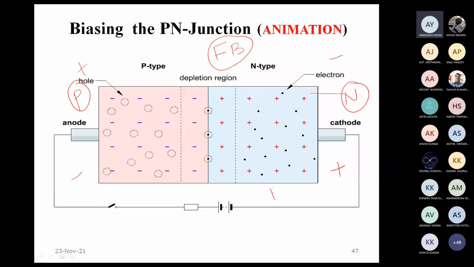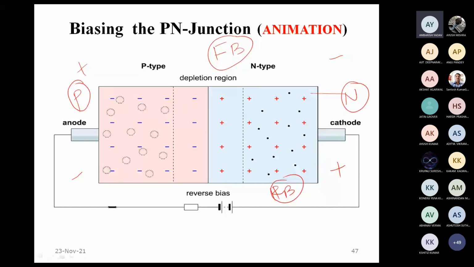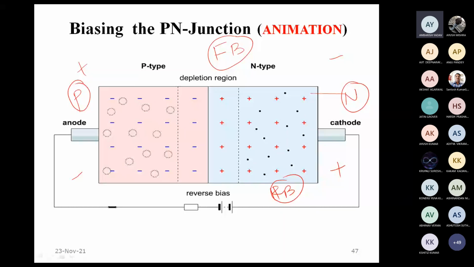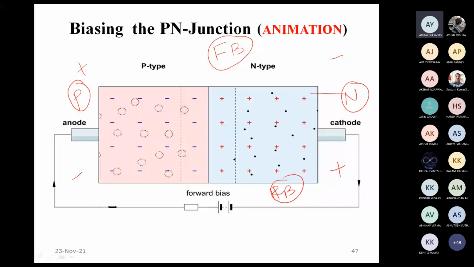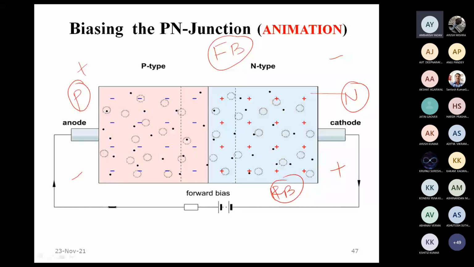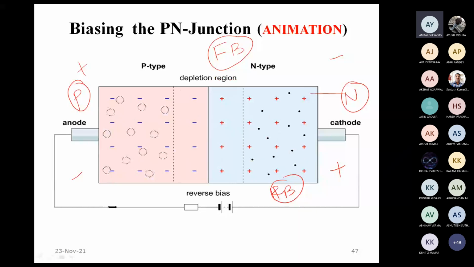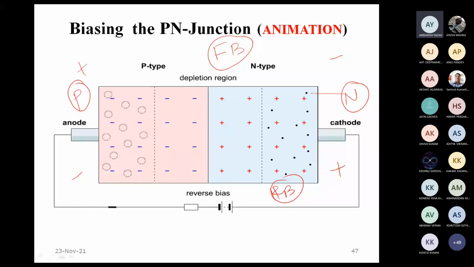We can see how the charges are transferred from the N side to the P side and the P side to the N side in the forward bias, and how these charges are repelled back into their regions in the reverse bias. In the reverse bias, we see the so-called depletion region, and as we increase the reverse biasing voltage, we can see the depletion region growing.